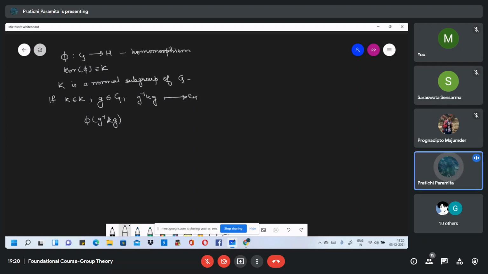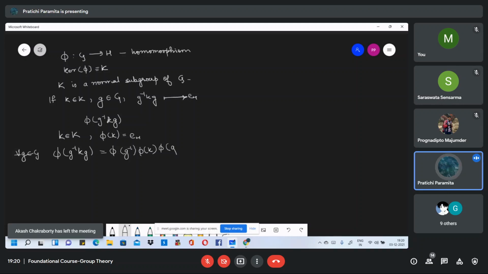So basically, if k is in K, then phi of k is e_H, from the definition of the kernel. So phi of g inverse k g, for all g in G, from the definition of the homomorphism, is phi g inverse, phi k, phi g.